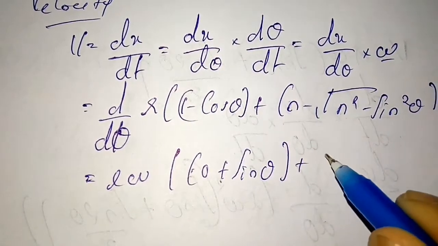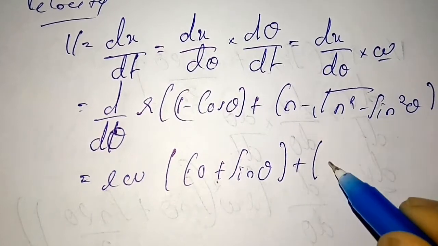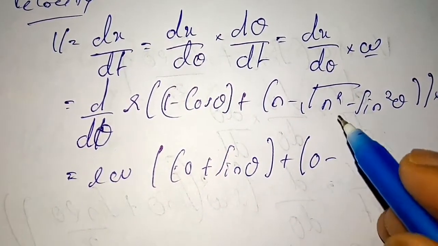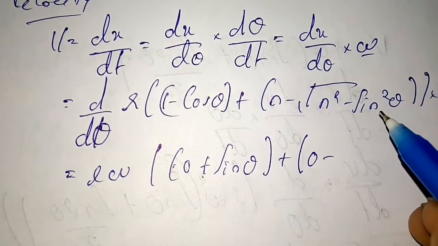and the derivative of n is 0, so we have to take the derivative of root of n square minus sine square theta.